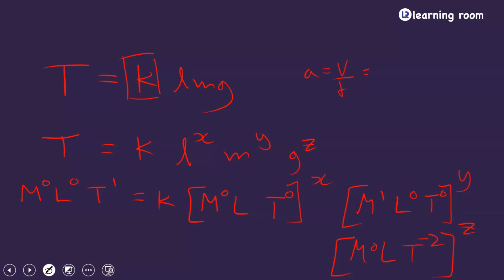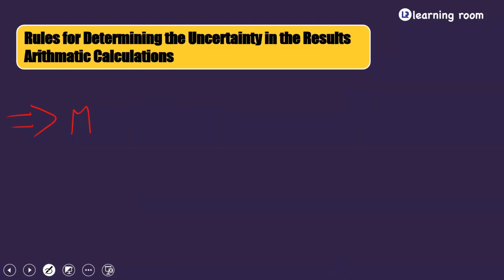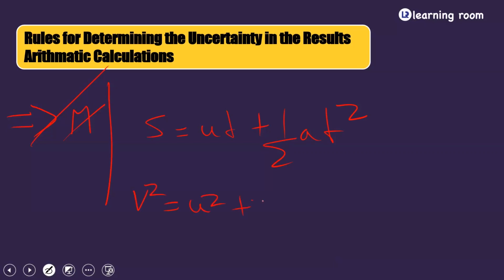But I want you to do one thing at home. This is maybe your homework. Similarly, do this dimensional analysis for s equals ut plus half at square. You know this equation already. Do it for v square equals u square plus 2as.